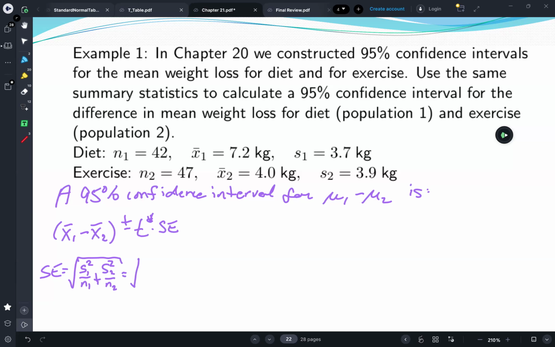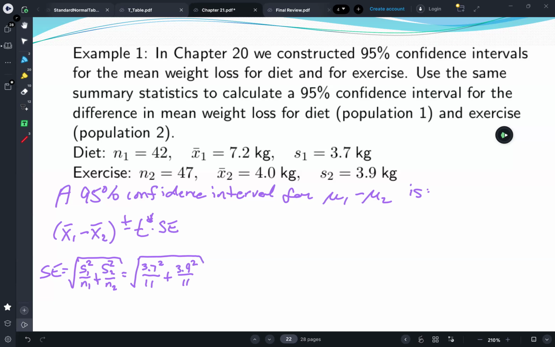I'm just doing this on the sideline because I think it's easier. So that would be 3.7 squared divided by 11 plus 3.9 squared divided by 11.